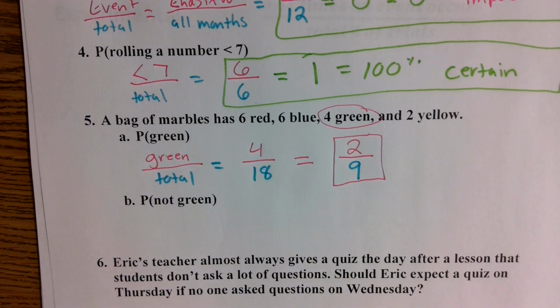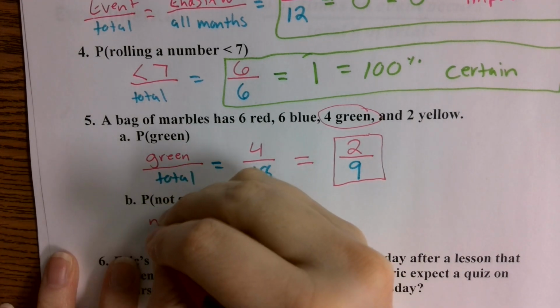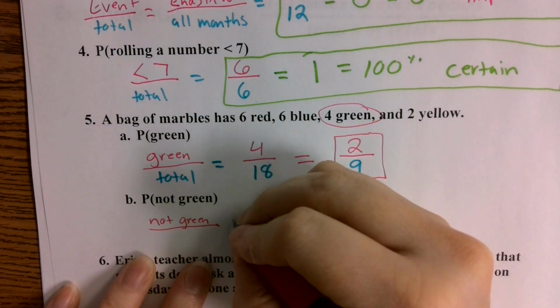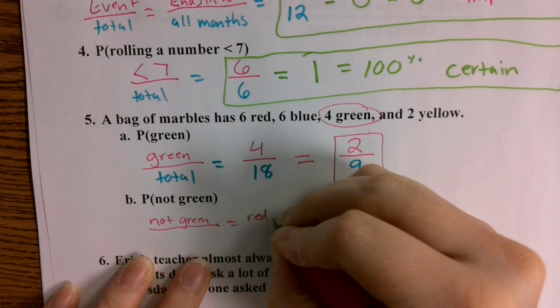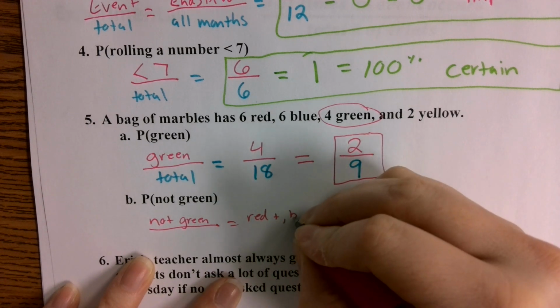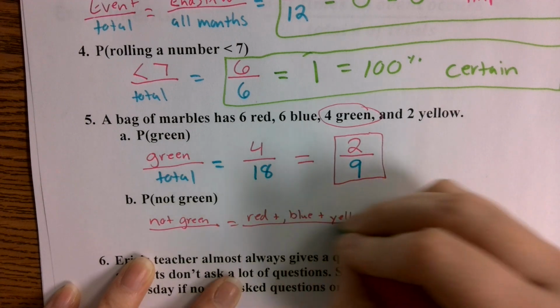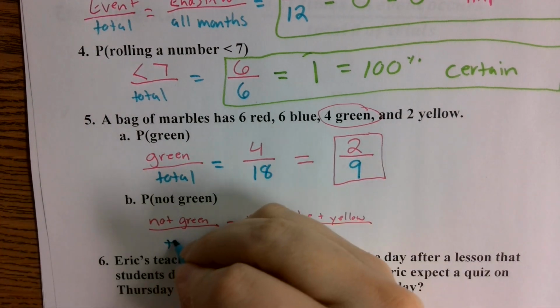Now, you could also do it the same way that Christopher probably did it. He counted up how many were not green. Not green means that it's going to be red plus blue plus the yellow out of all the total.